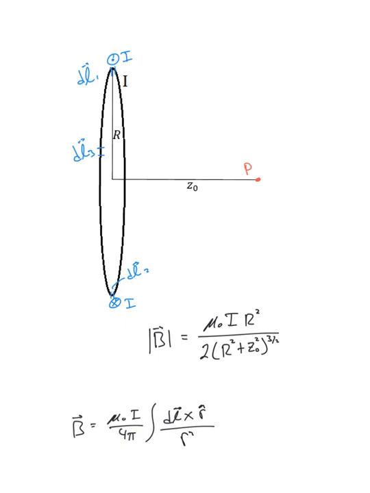Let's begin with the current at the top of the loop. We have this dl1 at the top. We know that we have a vector that points from this dl to the point of interest, which I'll call the r1 vector.